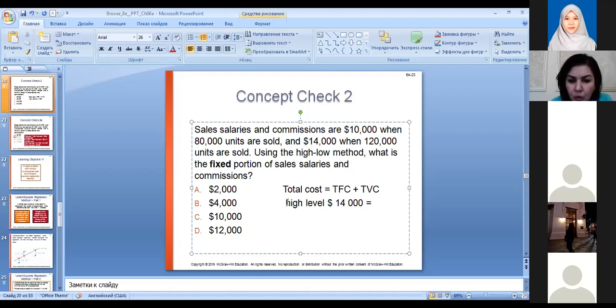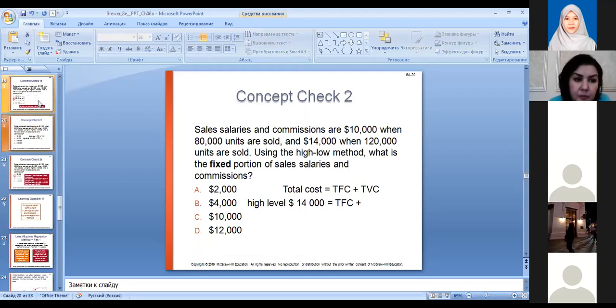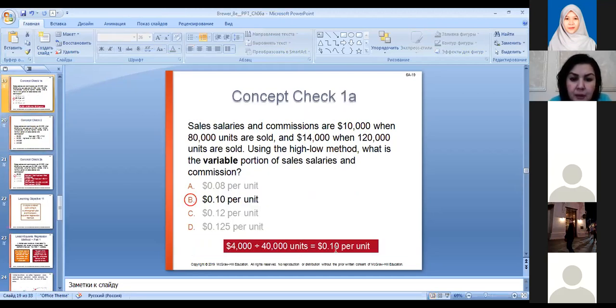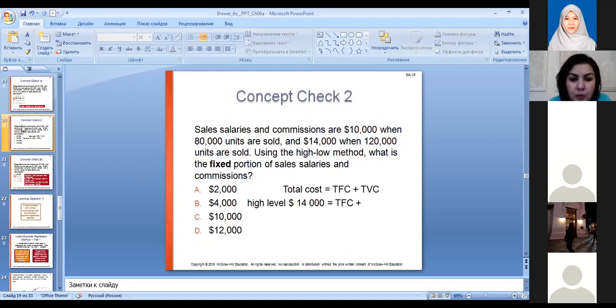We don't know total fixed cost, but we may now calculate total variable cost. What was the variable cost per unit? Do you remember from before? $0.1.